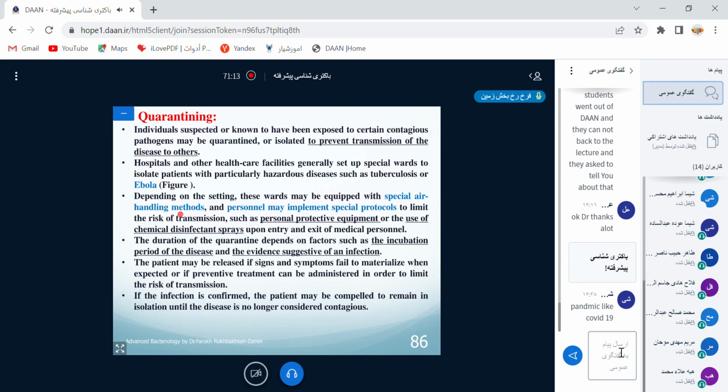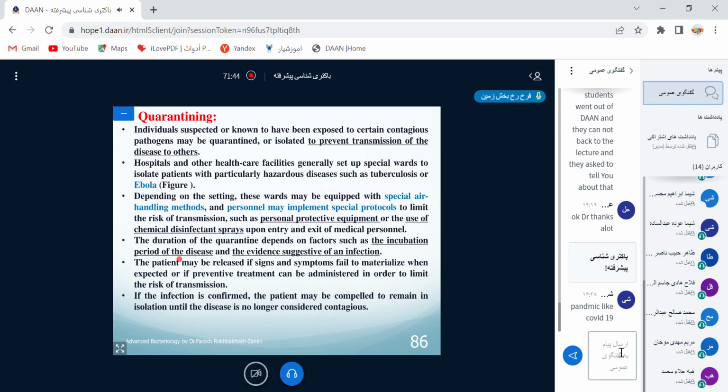Depending on the setting, these wards may be equipped with special air handling methods, and personnel may implement special protocols to limit the risk of transmission, such as personal protective equipment or the use of chemical disinfectant sprays upon entry and exit of medical personnel.